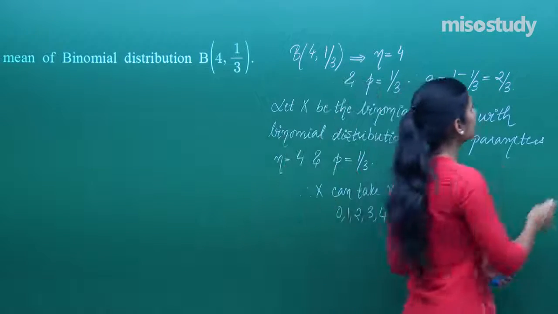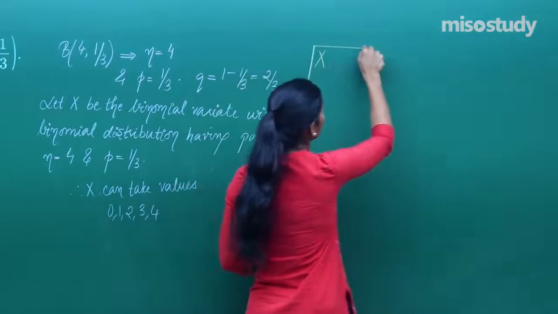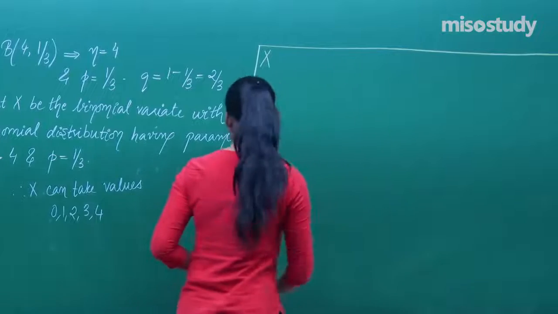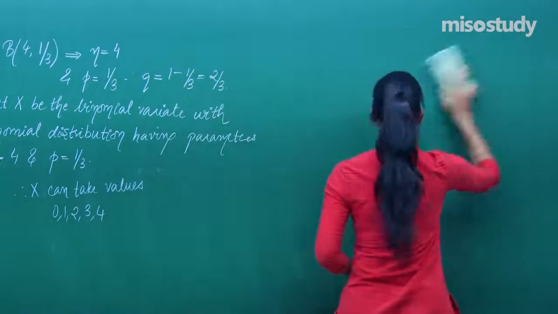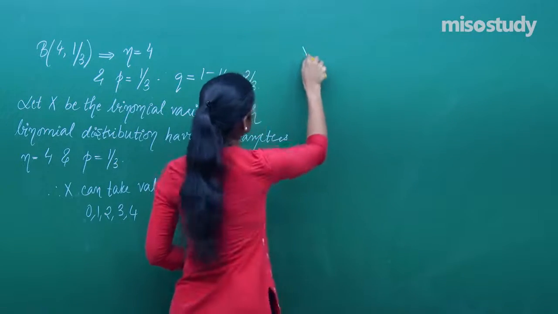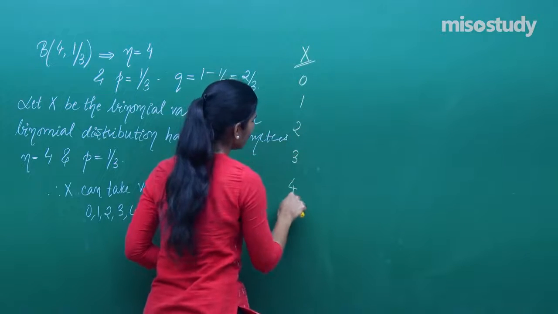Fine. So we are in a position to actually lay down our entire binomial distribution. Because this is going to consist of large values, you can draw it in a column format. Let's not draw it in this row format. So my x is going to take values as 0, 1, 2, 3 and 4.